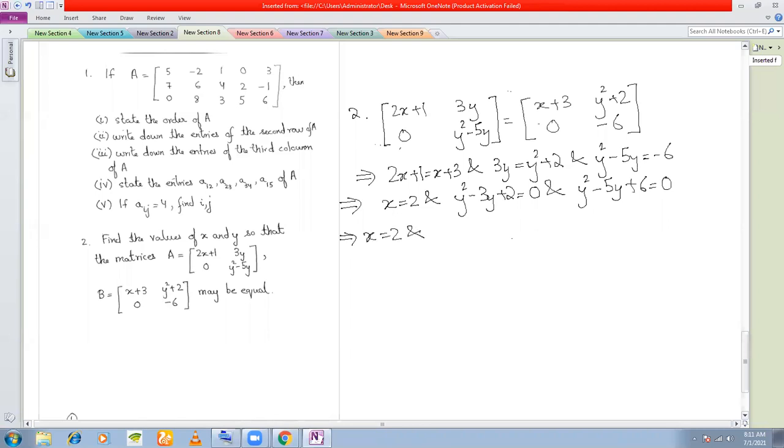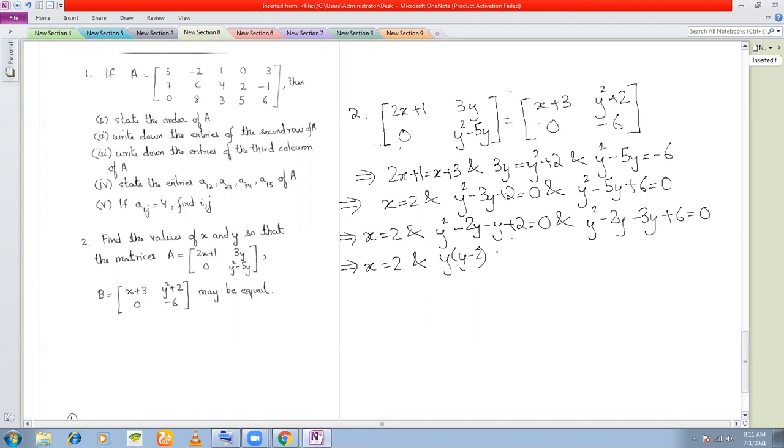And now what you do is you solve this quadratic, y square minus 2y minus y plus 2 is equal to 0. And y square minus 2y minus 3y plus 6 is equal to 0. So that means here you have x is equal to 2. And now you can take y common from here.